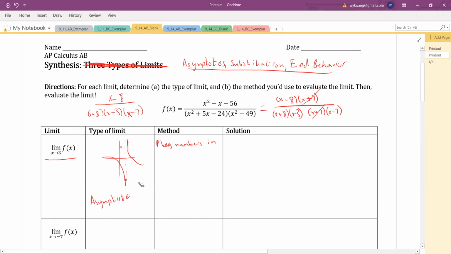So again, let's just try out that method. So for a limit as x approaches 3, I'm going to come from the left, right? And coming from the left, I'm going to plug in, let's say, 2.99, right?